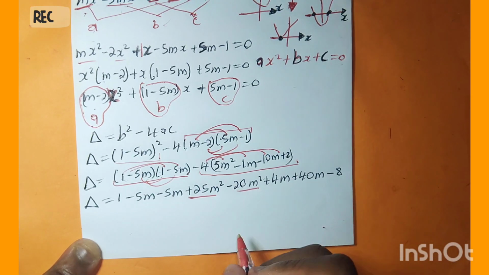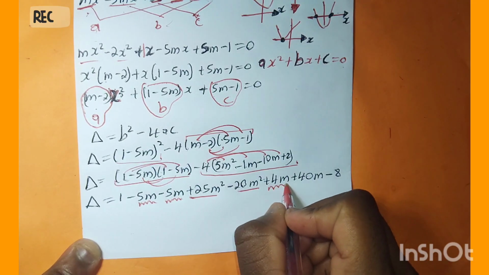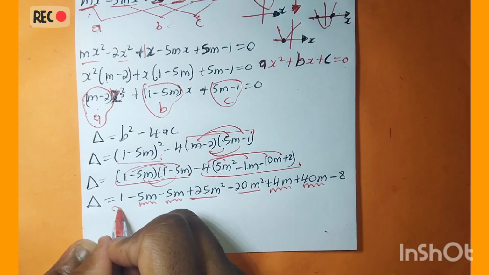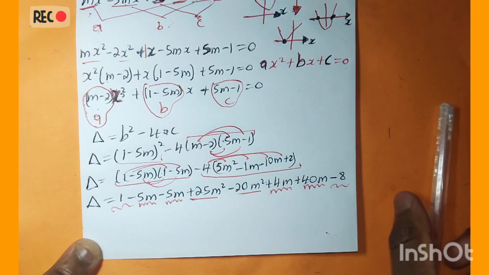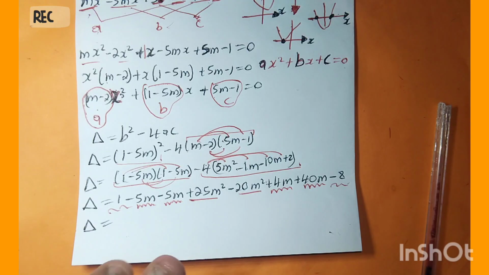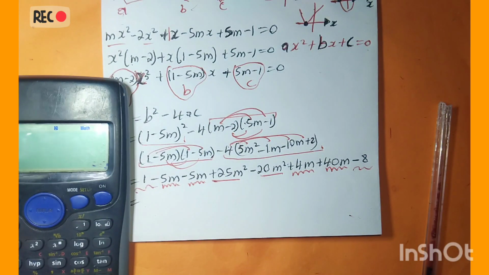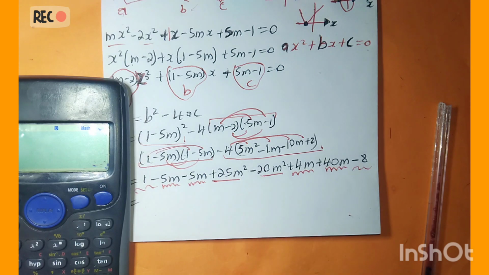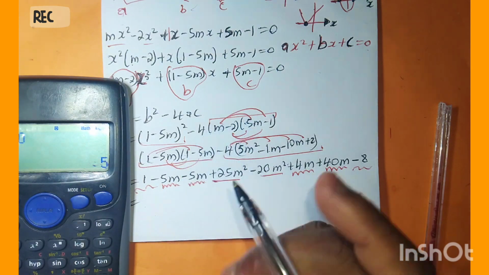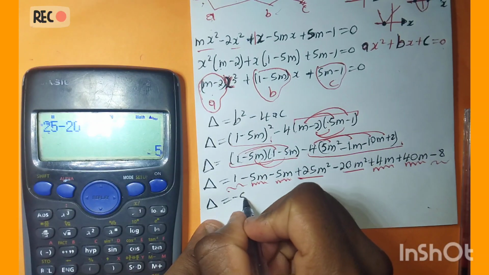So now which ones are the like terms? This is a like term with that. These are like terms together, meaning the number to a number. So now let's press all of those things in our calculator. 25 for these two minus that. I will get positive 5m there.